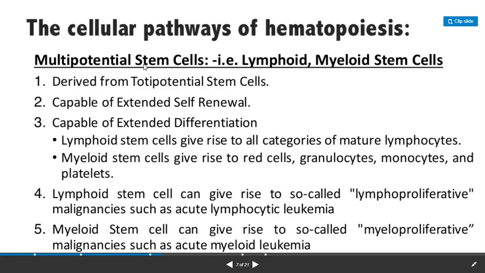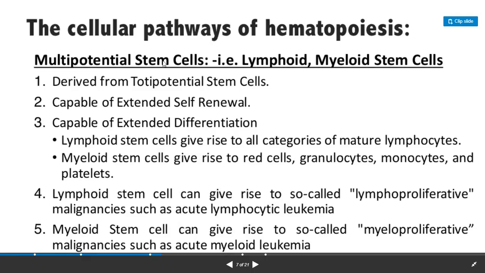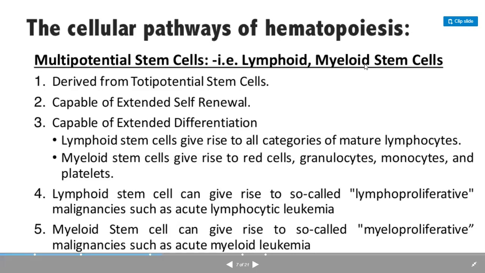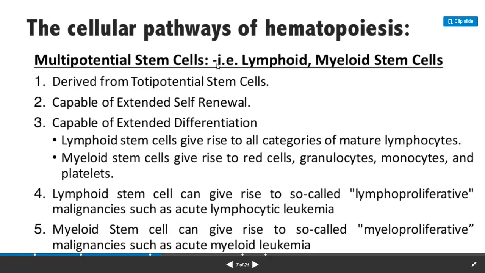So if there was a problem with the differentiation of totipotent stem cells, we will not have multipotent stem cells. And if we don't have multipotent stem cells, we will not have the lymphoid and the myeloid stem cells. If we don't have lymphoid stem cells, we cannot have lymphocytes. If we don't have myeloid stem cells, we cannot have erythrocytes, thrombocytes, or granulocytes: neutrophil, eosinophil, and basophil.